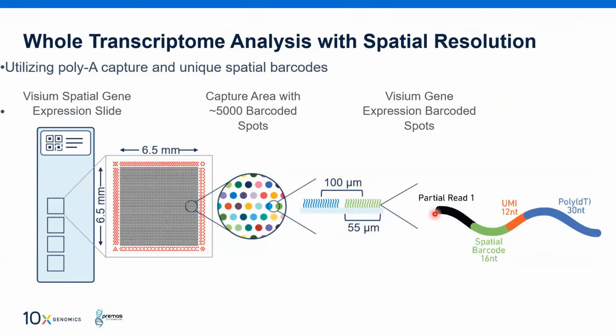Each primer has a specific spatial barcode, the UMI, and the poly-dT to capture the RNA, and the partial Read 1, which is part of the Illumina library. So we are capturing the RNA from the tissue above the spot. Ultimately, this barcode data is going to map the data to the location on the image of the tissue.